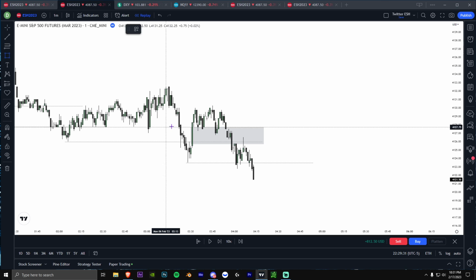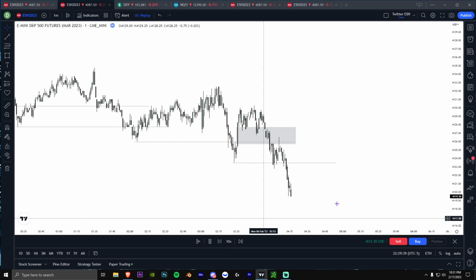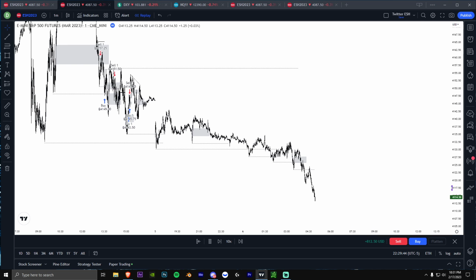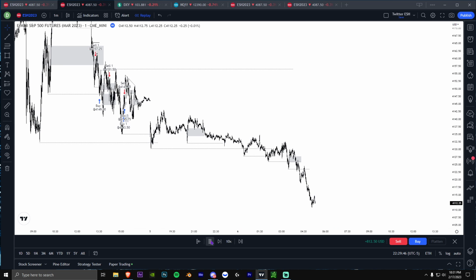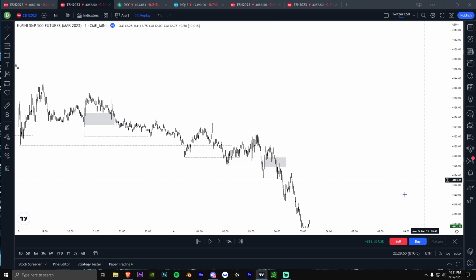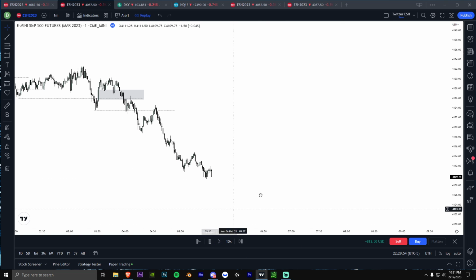We rejected that fair value gap, so nothing. Again, I just watch for a confirmation long setup off of that. So we keep re-hitting the lows. Wow, this surprises me. I would not have taken any trades here. I'm just camping here waiting for a long setup.